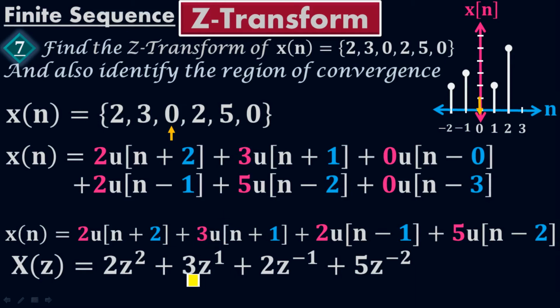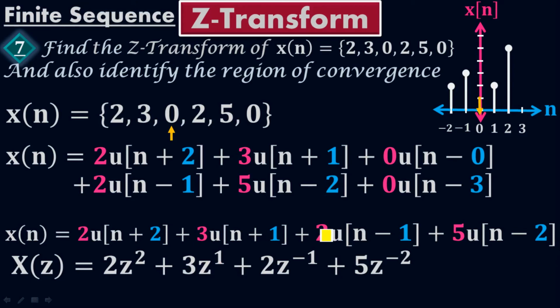So put 3 as it is and then times z to the positive 1. This sample is at n equals negative 1. The power of z is z to the negative n. When I plug in n equals negative 1, negative times negative 1 will be positive 1. Therefore, I have z to the positive 1.